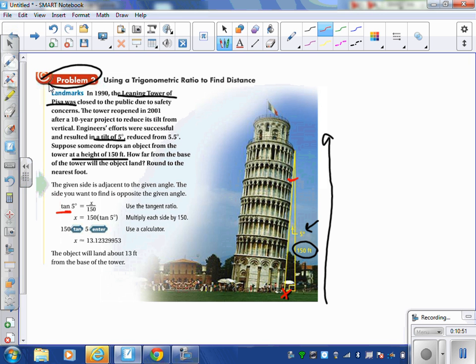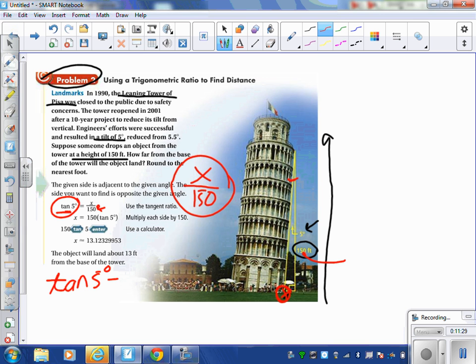And to do that, we would know tangent is opposite, which is x, over adjacent, which is 150. So tangent 5 degrees equals x over 150. So you would write that: tangent 5 degrees equals x over 150.